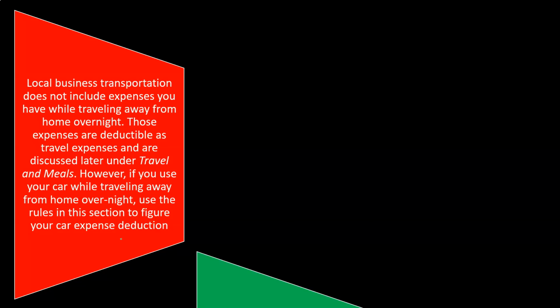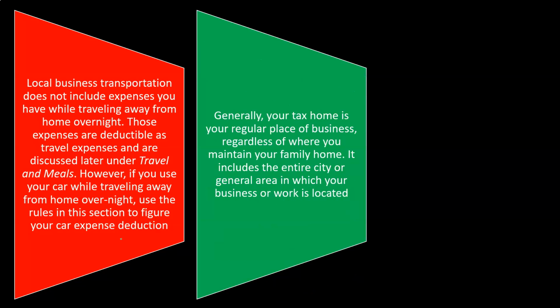Those expenses are deductible as travel expenses and are discussed later under travel and meals. So they'd be under travel and meals, not auto, typically. However, if you use your car while traveling away from home overnight, use the rules in this section to figure your car expense deduction. So we can use the rules here for the car expense deduction.